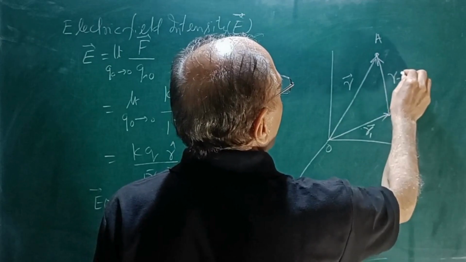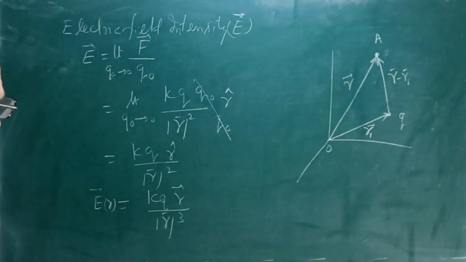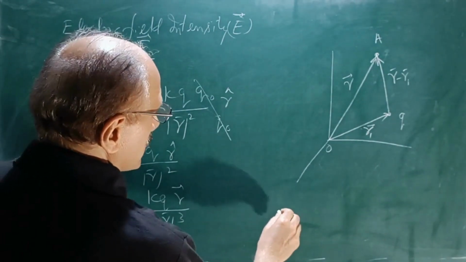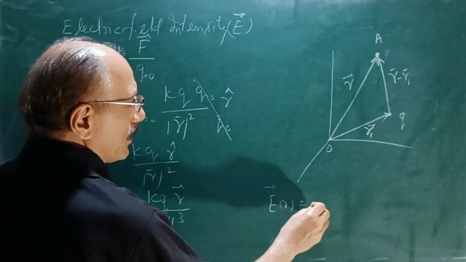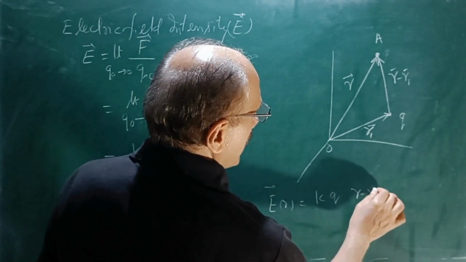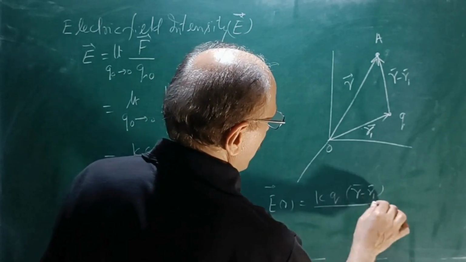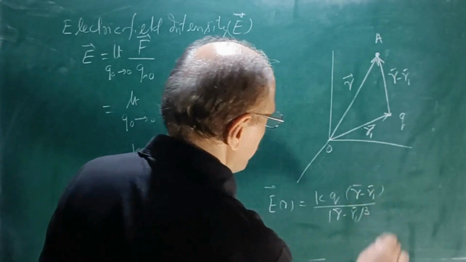So this will be R minus R1 vector. So in that case, this E R will be nothing but KQ (R minus R1) vector divided by mod R minus R1 cubed.